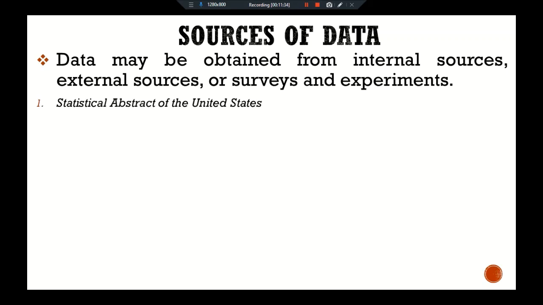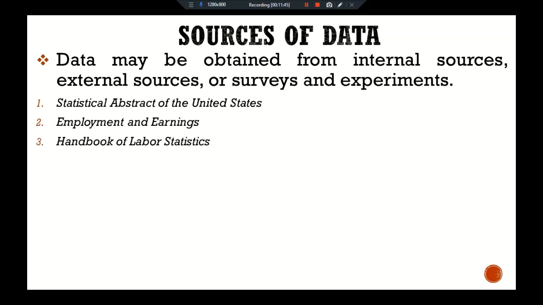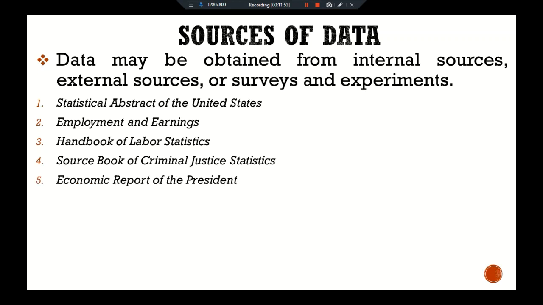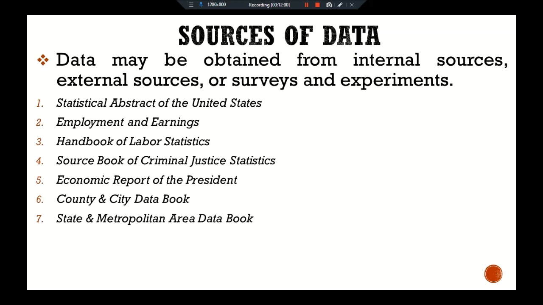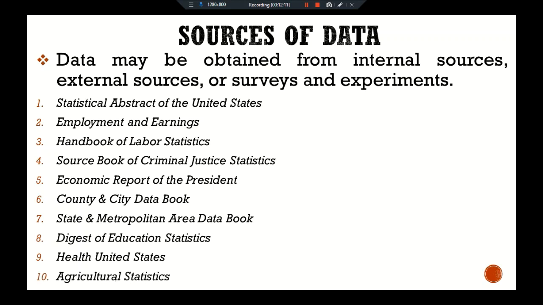So here we have some famous external data sources: Statistical Abstract of the United States, Employment and Earnings, Handbook of Labor Statistics, Sourcebook of Criminal Justice Statistics, Economic Report of the President, County or City Data Book, State and Metropolitan Area Data Book, Digest of Education Statistics, Health United States, and Agriculture Statistics.